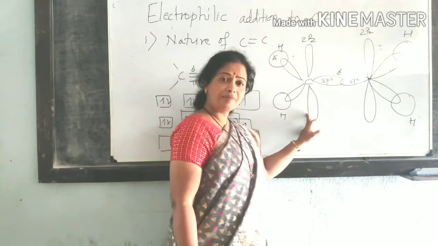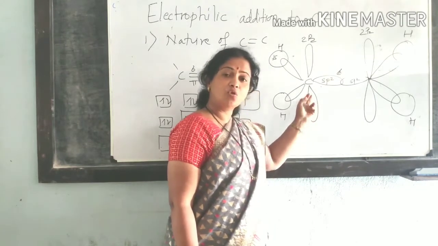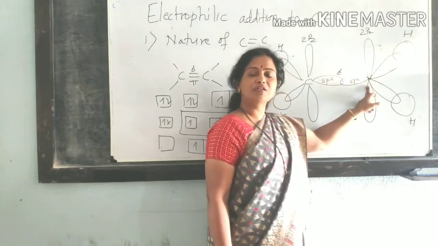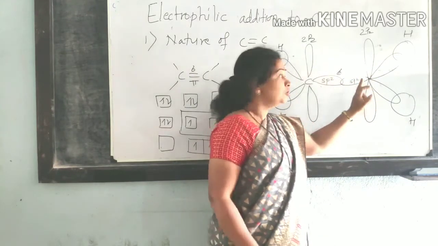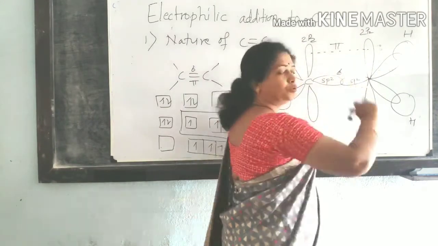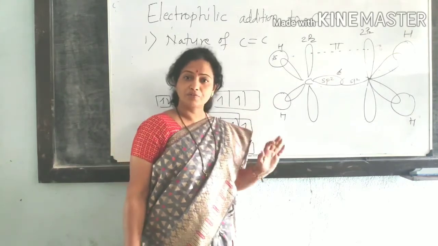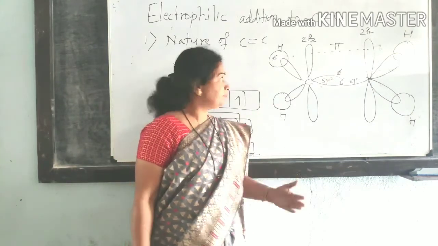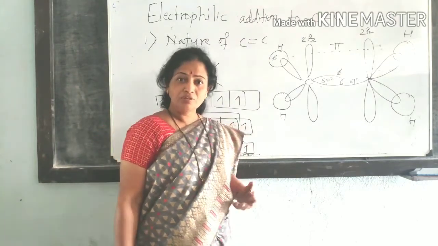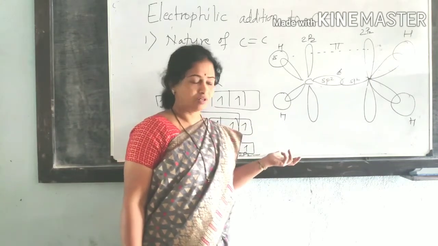Now, the unhybridized 2pz orbital of the first carbon gets overlapped laterally with the unhybridized 2pz orbital of the other carbon to form the pi bond between the two carbon atoms. Thus, this is the formation of sigma bond and pi bond in alkenes. As we know, axial overlapping is stronger, so the sigma bond is stronger.